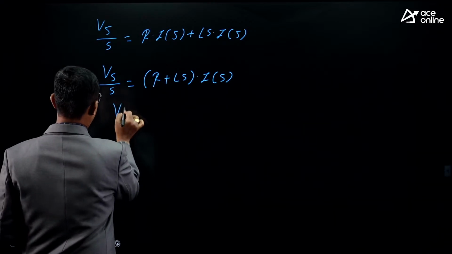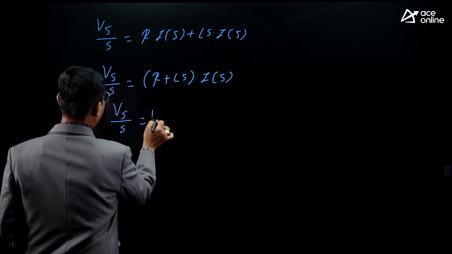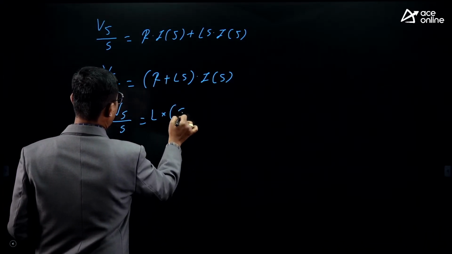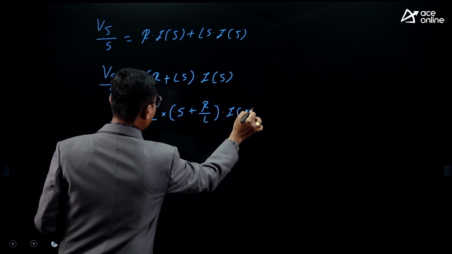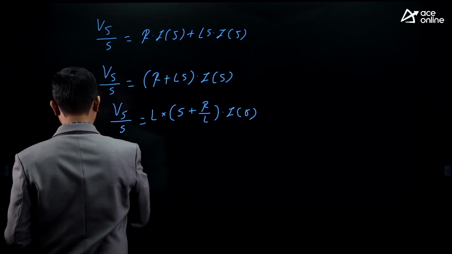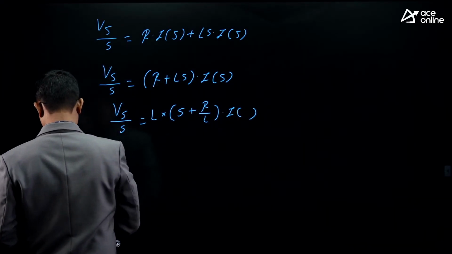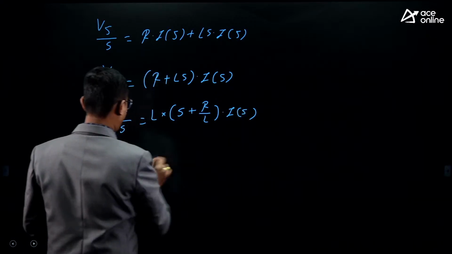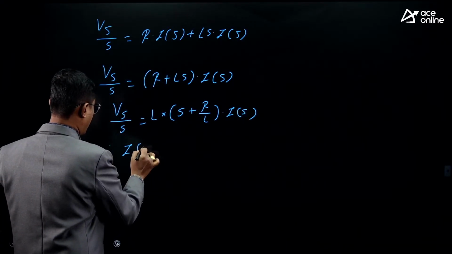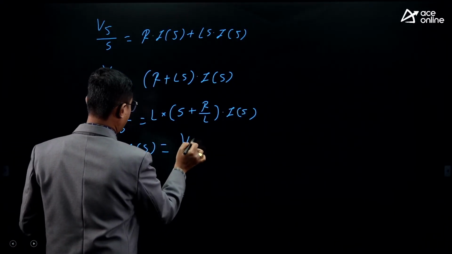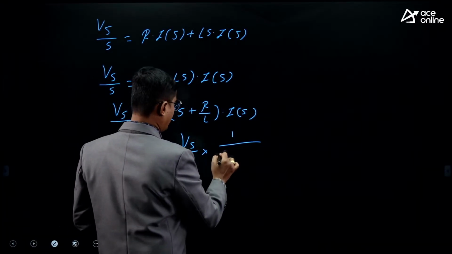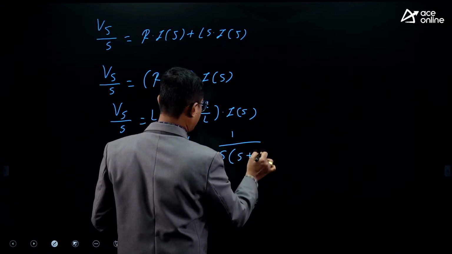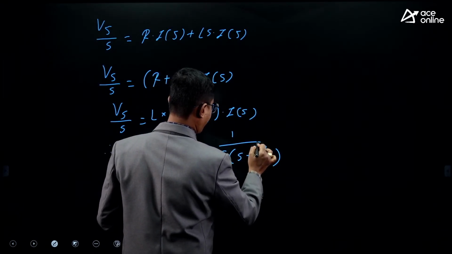Therefore Vs by S is equal to L into S plus R by L into I of S. So from this we can write I of S is equal to Vs by L into 1 upon S into S plus R by L, right?